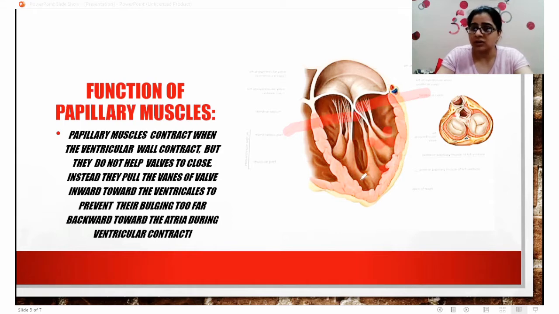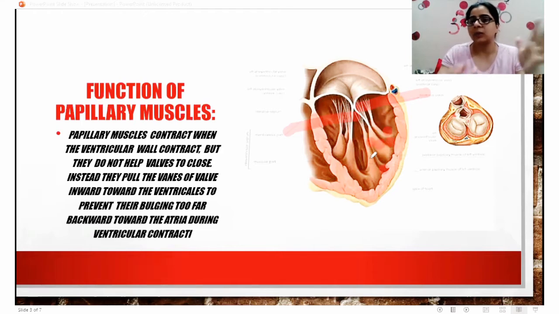When the contraction of these ventricles will take place, the papillary muscles will also constrict. And this constriction in the papillary muscles will pull the chordae tendineae, which is attached to the wall. You can see the flaps, the veils of the walls. You can see the flaps of the wall. These are the walls. Now, when the constriction in the papillary muscles will take place, these will pull it inside.